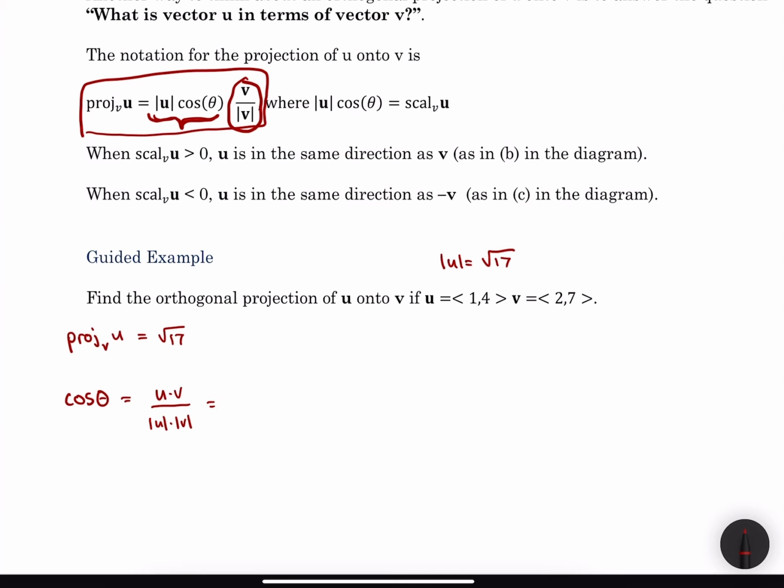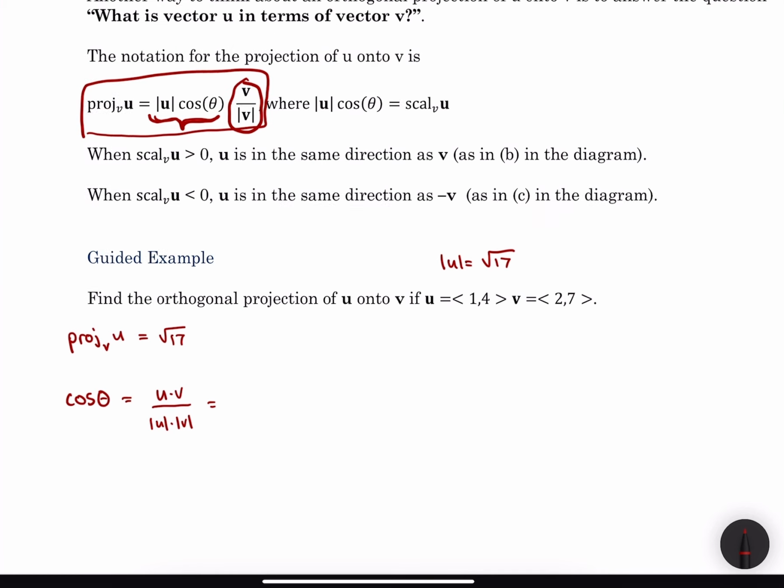Our dot product is going to be 1 times 2 plus 4 times 7, so that's going to be 30. And so we're going to have 30 divided by the square root of 17 times the square root of 53.